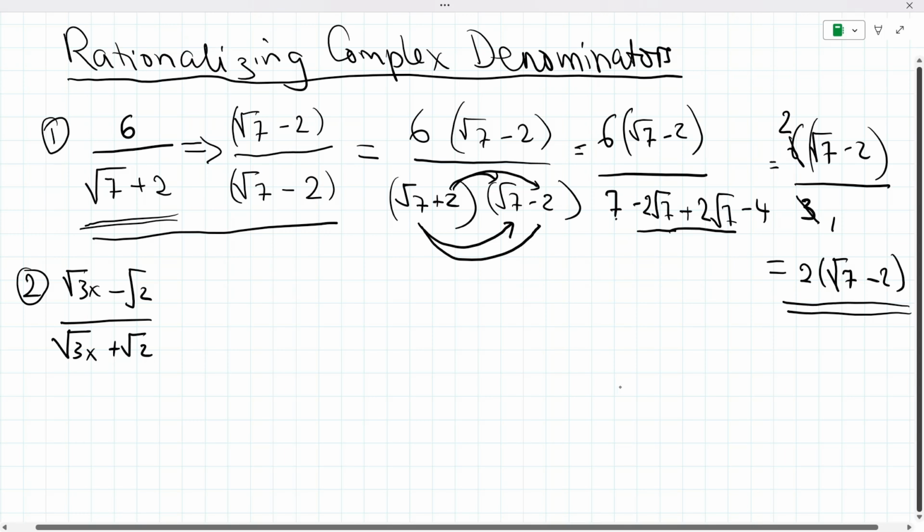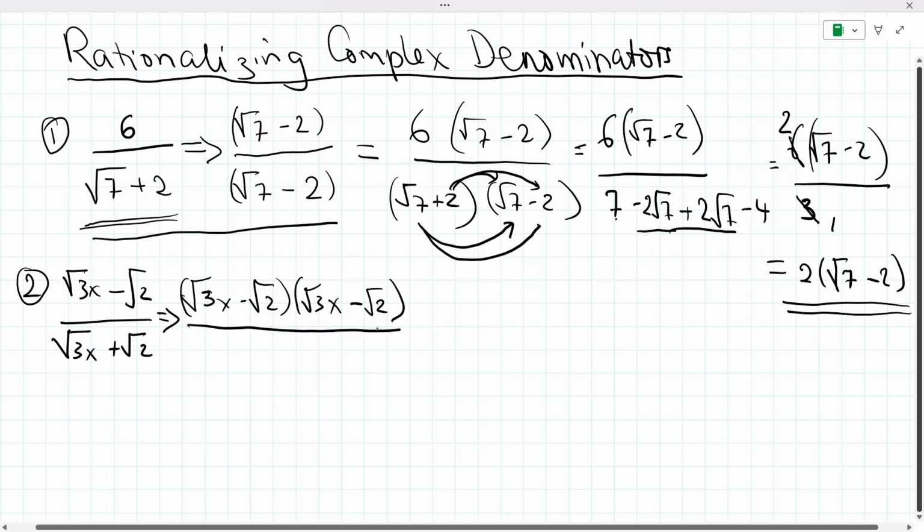Again, here we have to multiply the denominator by a radical conjugate. So this will then become root 3x minus root 2 multiplied by the conjugate of the denominator, which will be root 3x minus root 2.